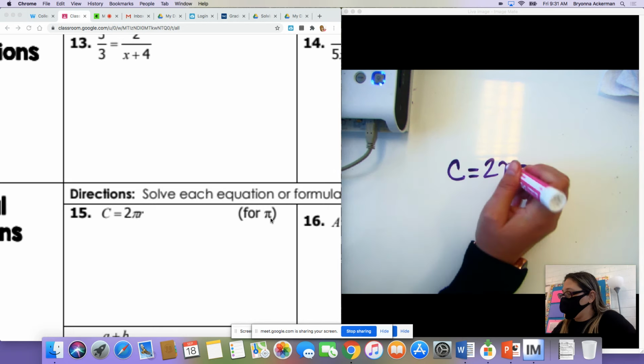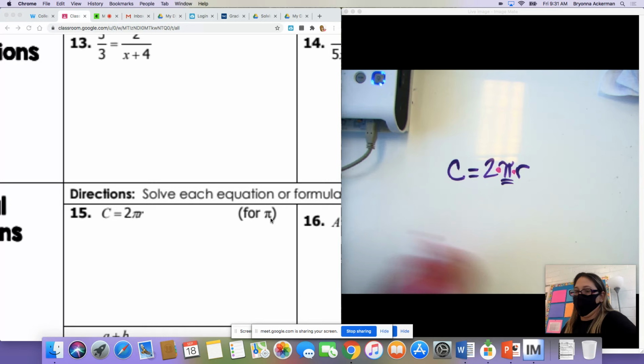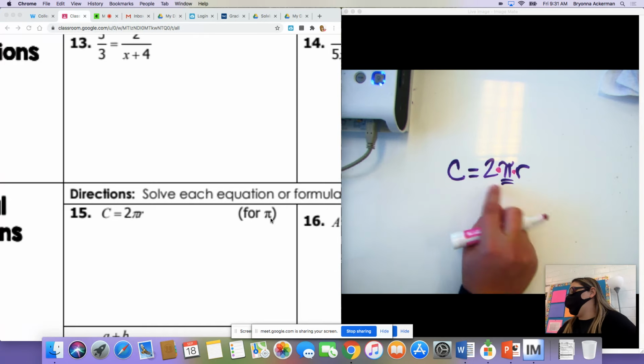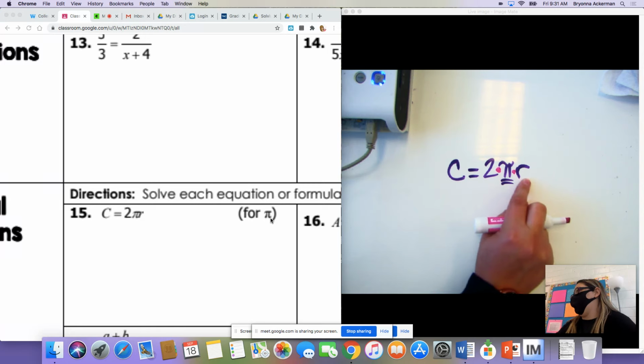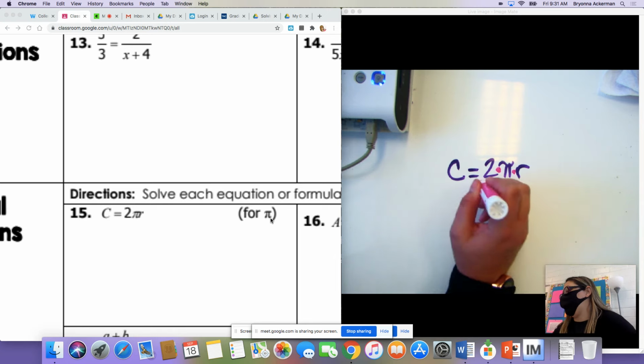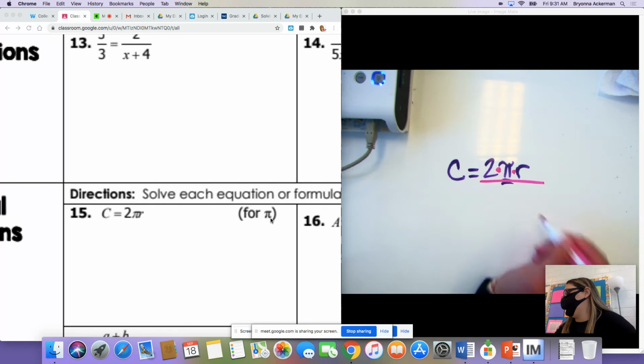Multiplication, good. So these are all being multiplied, okay? So to get rid of 2 and r, what's the opposite or the inverse operation of multiplication? Division.